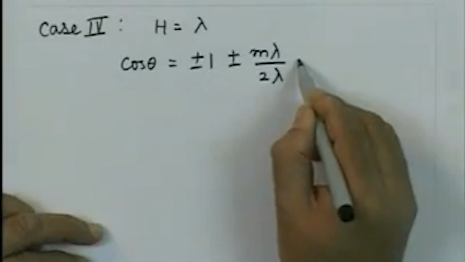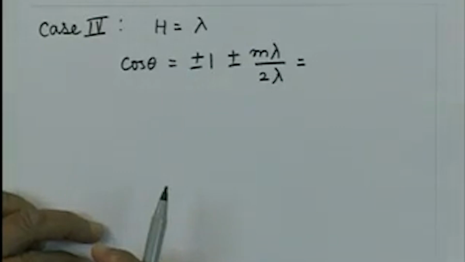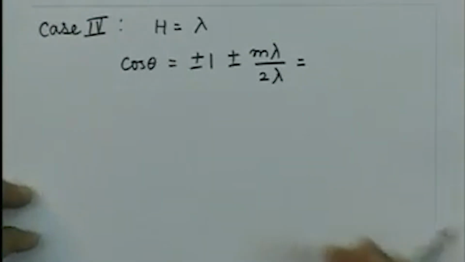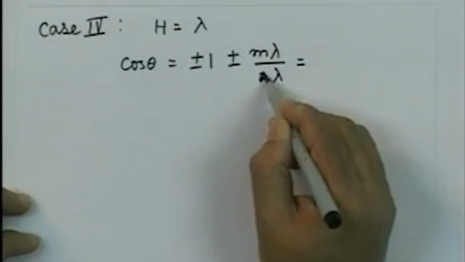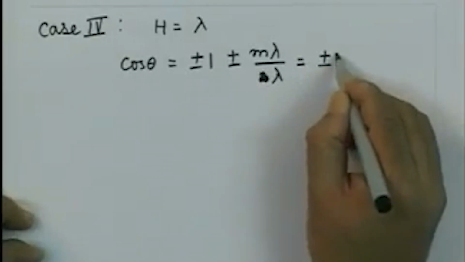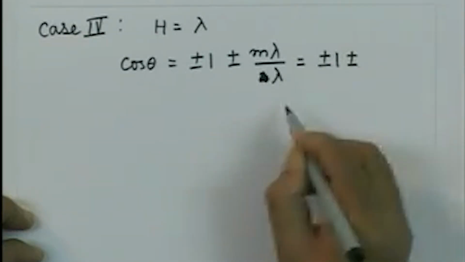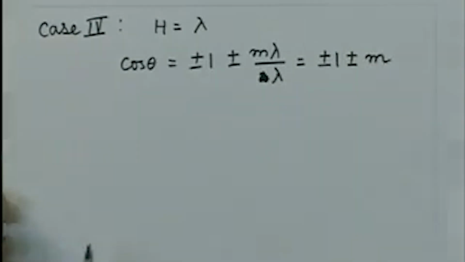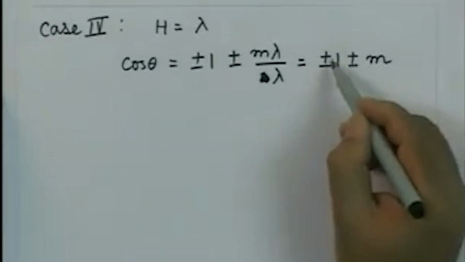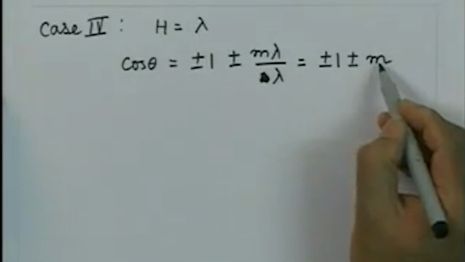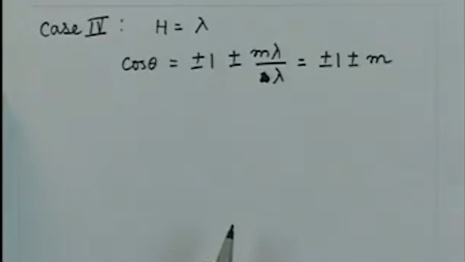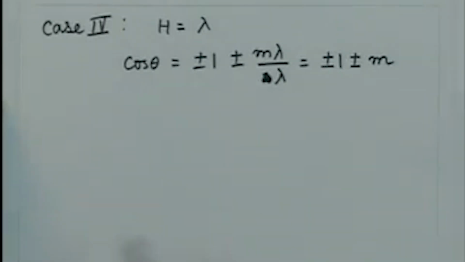Since H is equal to lambda, that will be equal to plus minus 1 plus minus m. Again, what we notice is that m equal to 0 will give me the 2 nulls, but m equal to 1 also gives me a null, which will be the same as plus minus 1 with the appropriate sign.